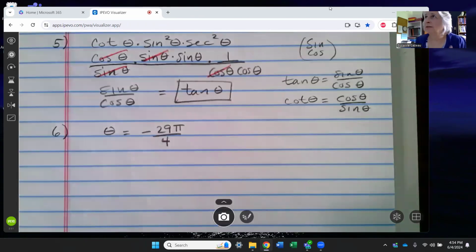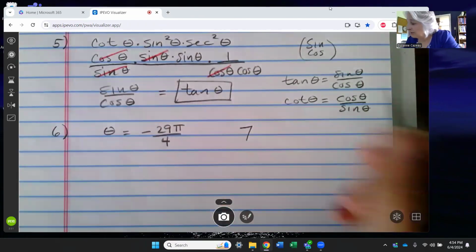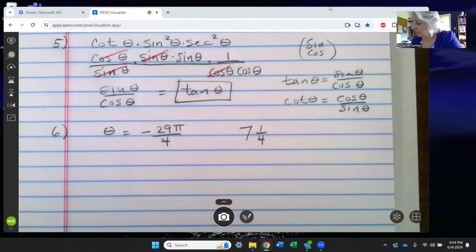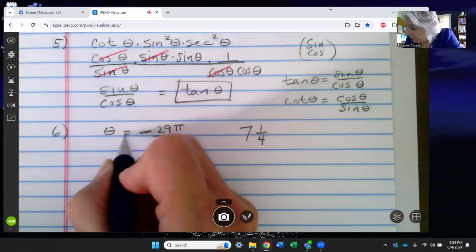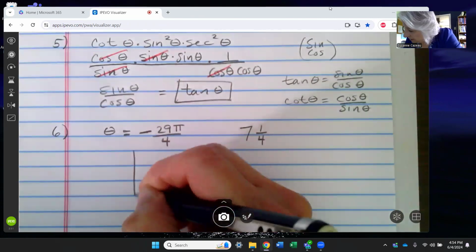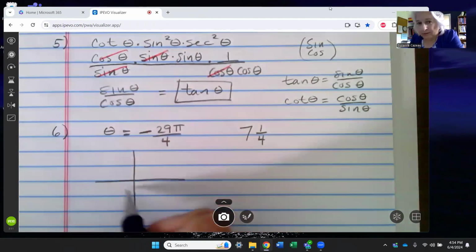Well, 7 times 4 is 28, and then there's 1 left over. Just double checking. And the negative just tells us which way we're going around the circle. Every time you go around, it's 2 pi. So here, let me just draw this. Going around this direction.